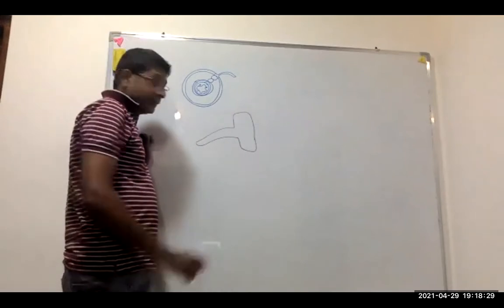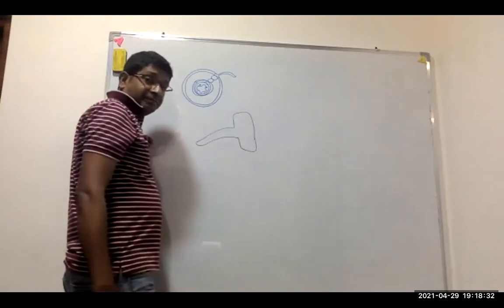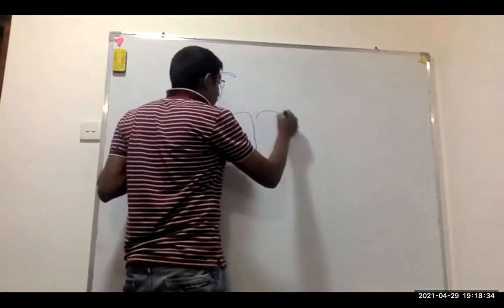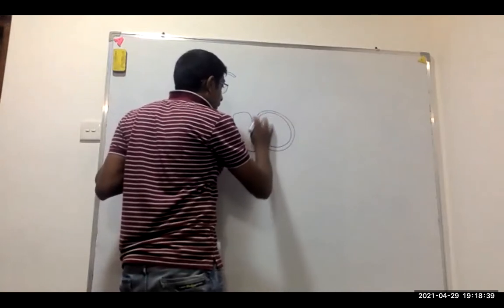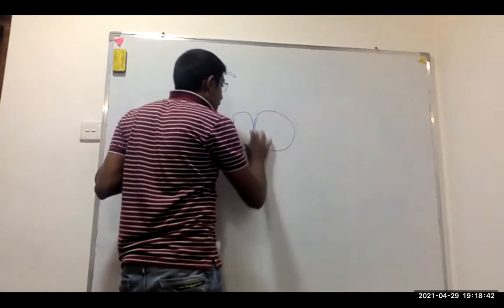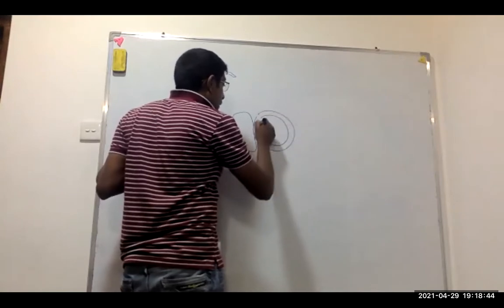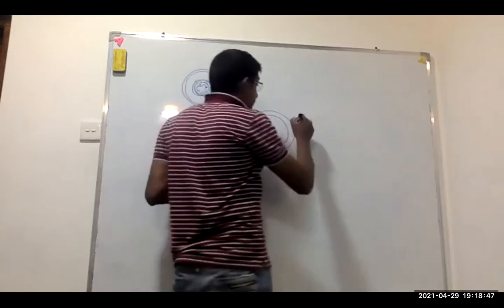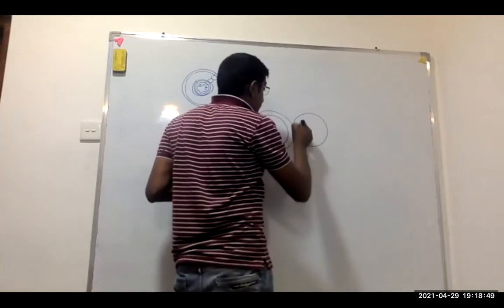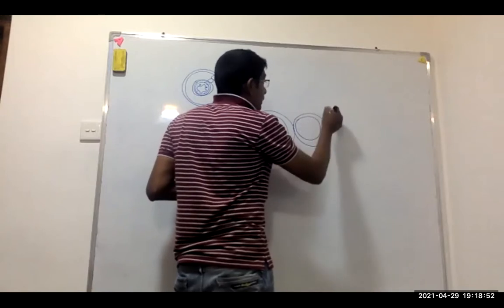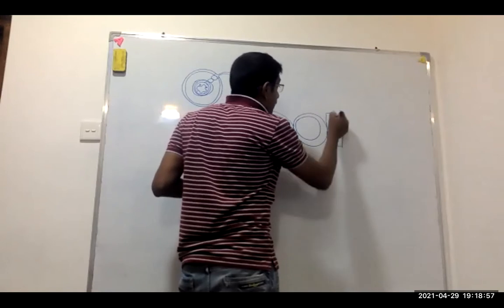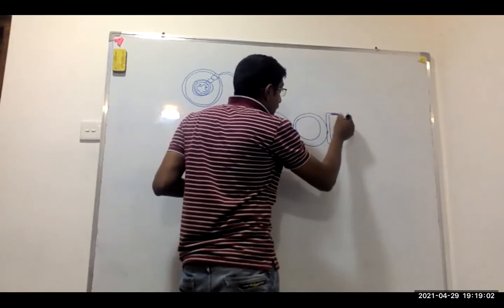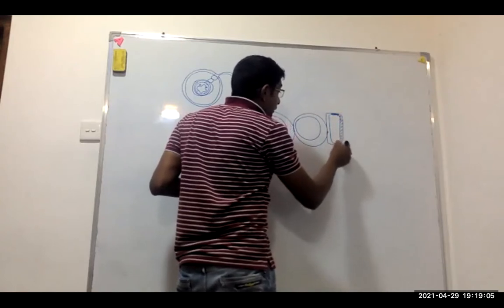Here the epidermal cells, that is the root hair. After that, then these are the parenchymal cells in the cortex. Then next one is the endodermal cells here.